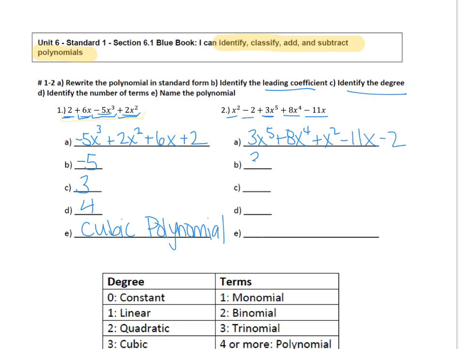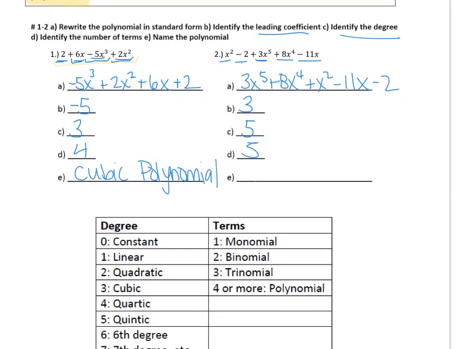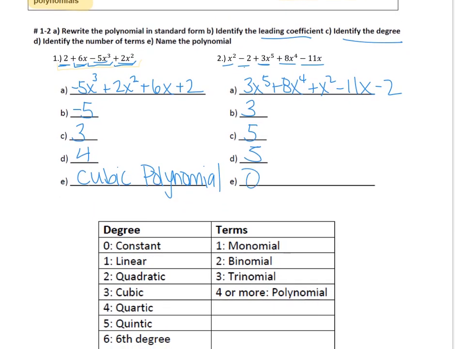Leading coefficient is 3, degree is 5. There are 1, 2, 3, 4, 5 terms. So if you look at our list, it's a 5th degree, so it's going to be a quintic. We're going to call it a quintic polynomial.